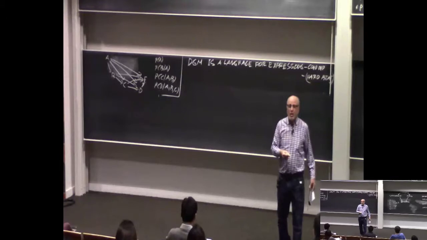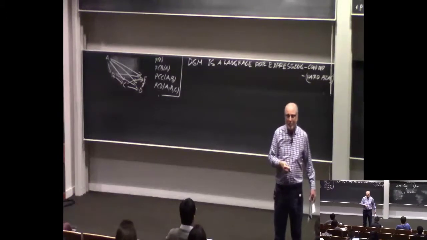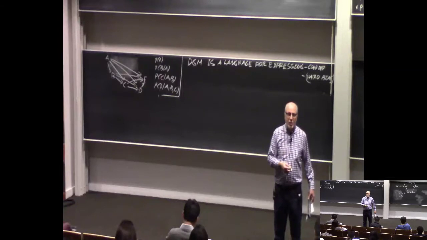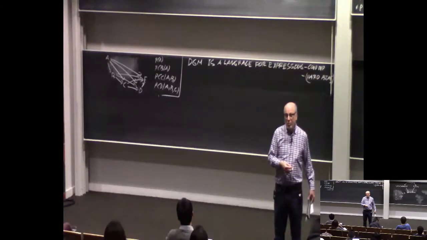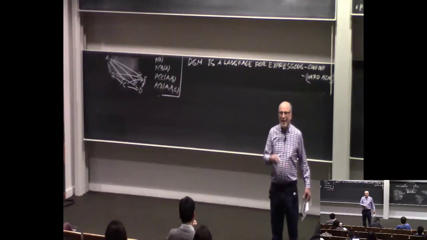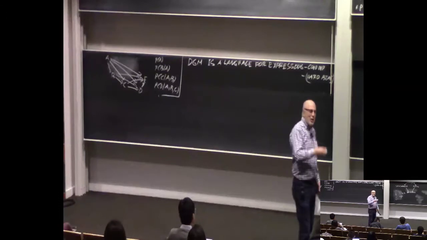Now you can ask the question, is it a complete language? Can any set of conditional independence assumptions be expressed in it? And now the answer is no. So as a language, it has a bias.